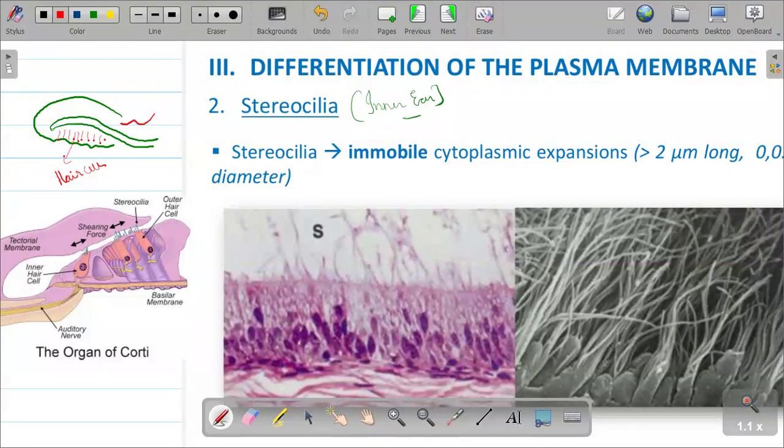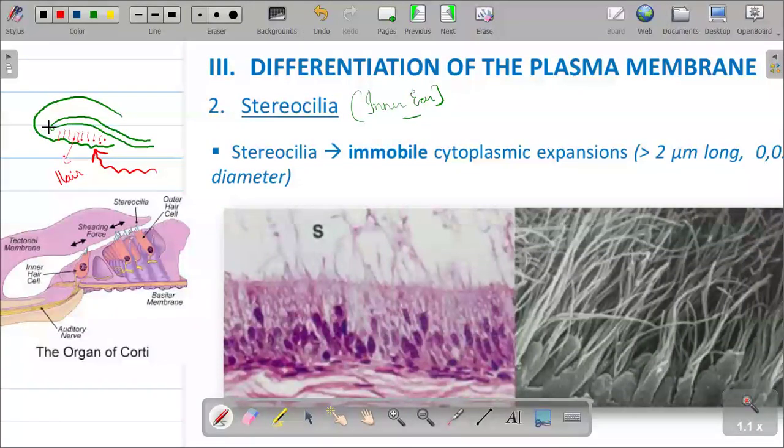When sound waves come, see what happens. When sound waves are coming in this direction, they fall on it and beat here. This cilia will create a movement, like a hair. Take your hand and keep it on your head.